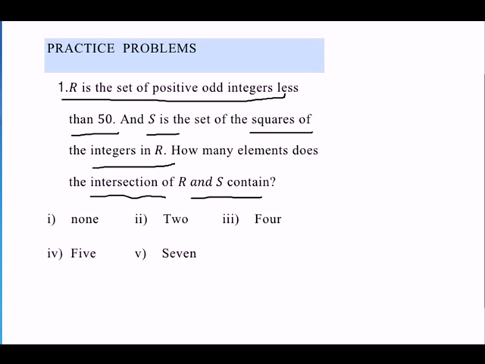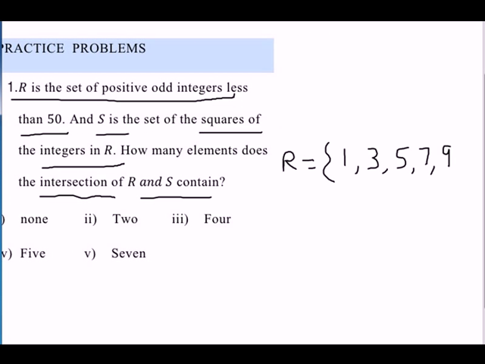So let us list down what are the elements of R, curly brackets. So R is a set of positive odd integers. So R is 1, 3, 5, 7, 9, and so on till 49.